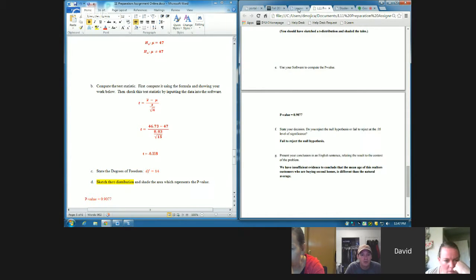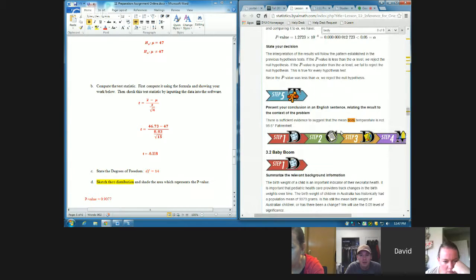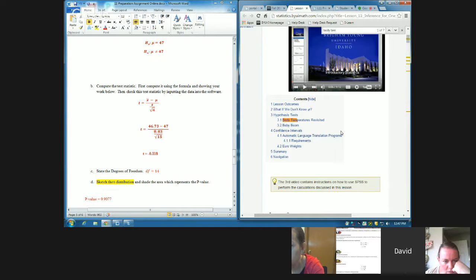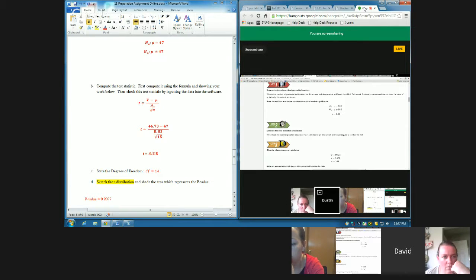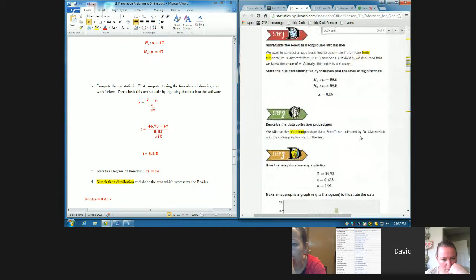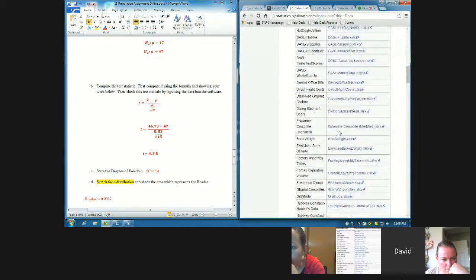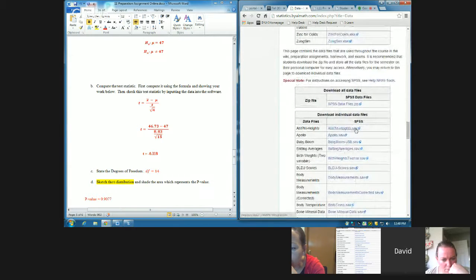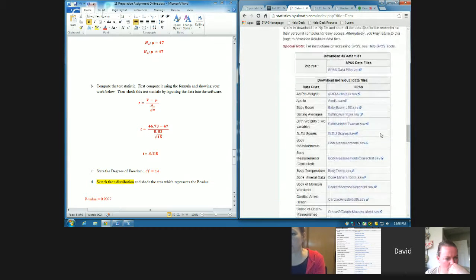You should see my screen now. It shows where that's at. It's right here, body temperature. If you click that link, it will take you to the data page. Scroll down to the first files, and then you just find body temperature. You click on that, and it will open up the SPSS file that you need.